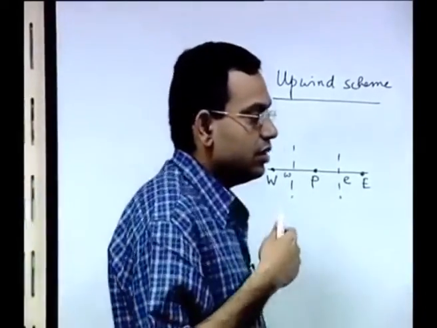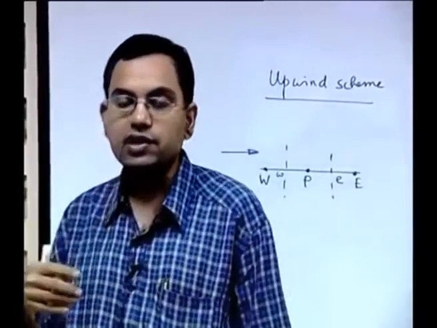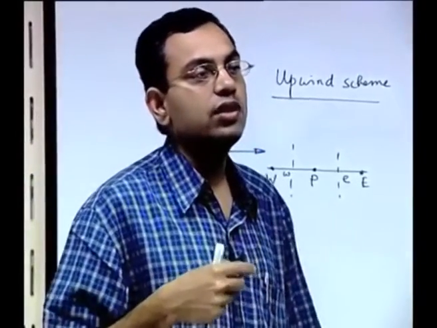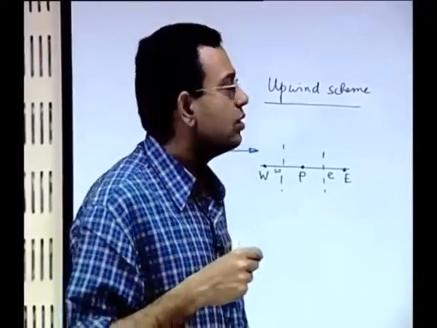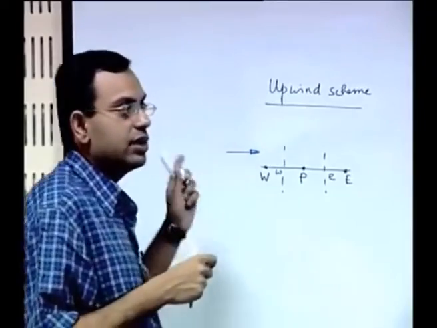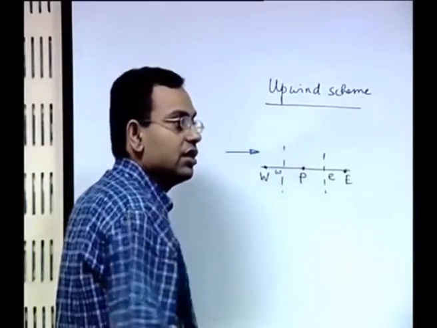Since the main problem of the central difference scheme was prominent when the diffusion was tending to 0, that is when the advection was very strong, in the upwind scheme we try to address that particular case when the advection is strong, that is you are having a predominantly unidirectional transport.